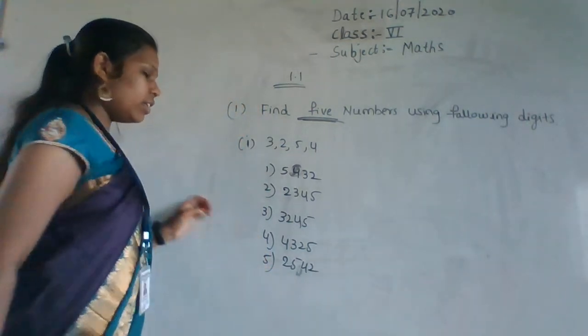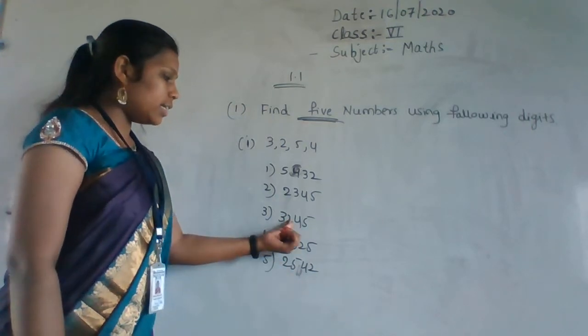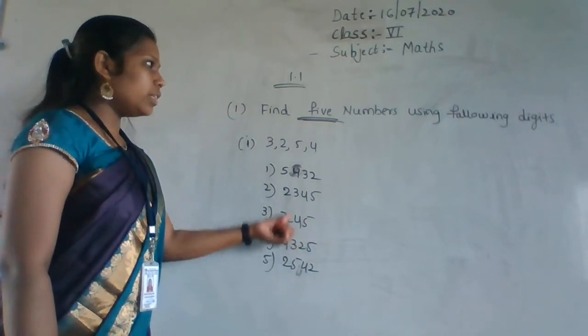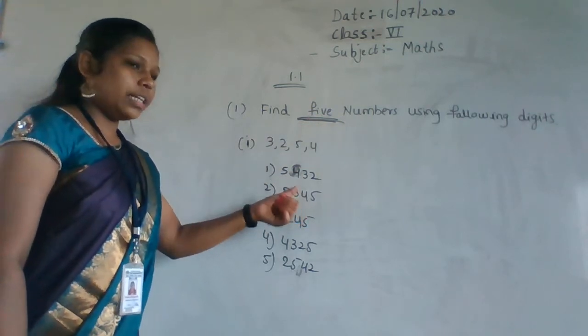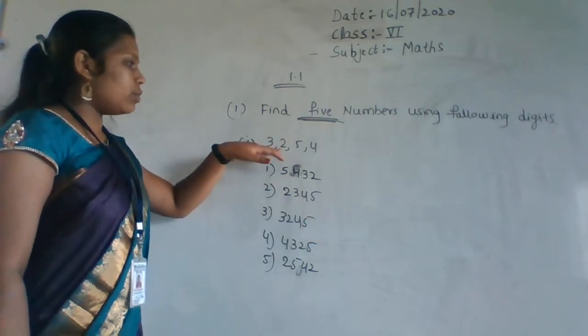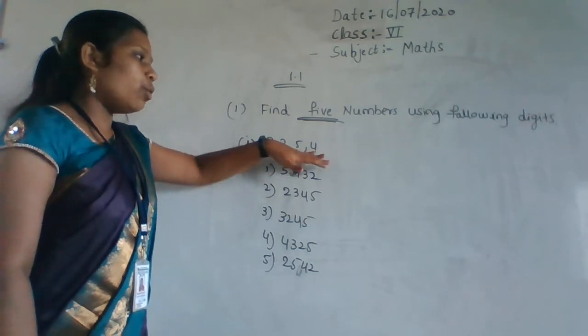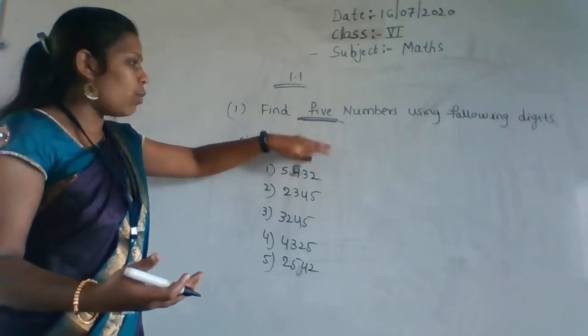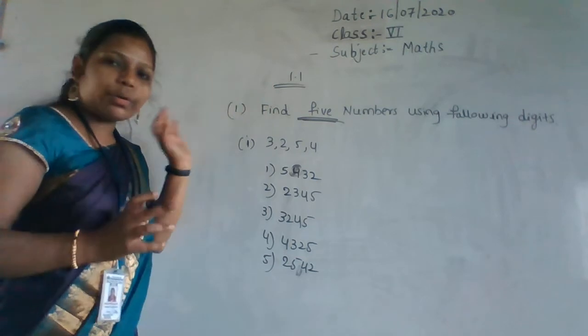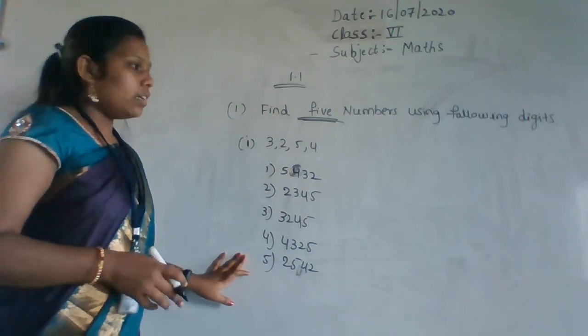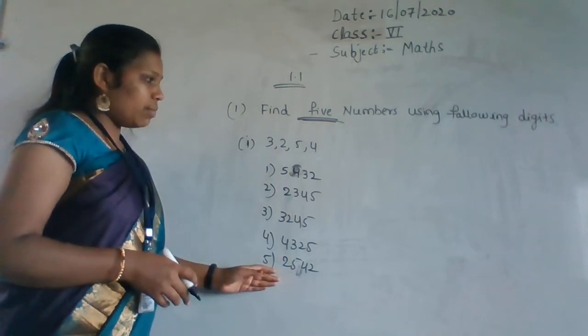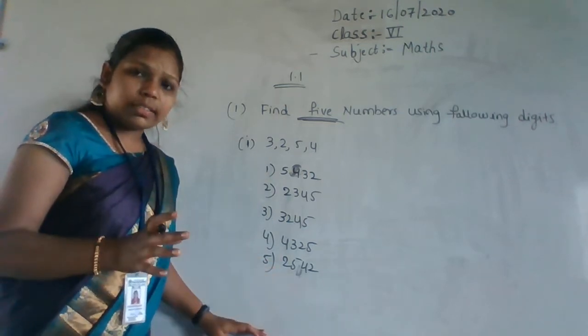Even though you alter these numbers, do the 5 numbers. If you alter different numbers, it doesn't matter, we only use 3, 2, 5, 4. Don't use other numbers. Using only these 4 numbers, you have to make the 5 numbers like this. Getting? So do whatever numbers, because they didn't mention only largest and smallest.